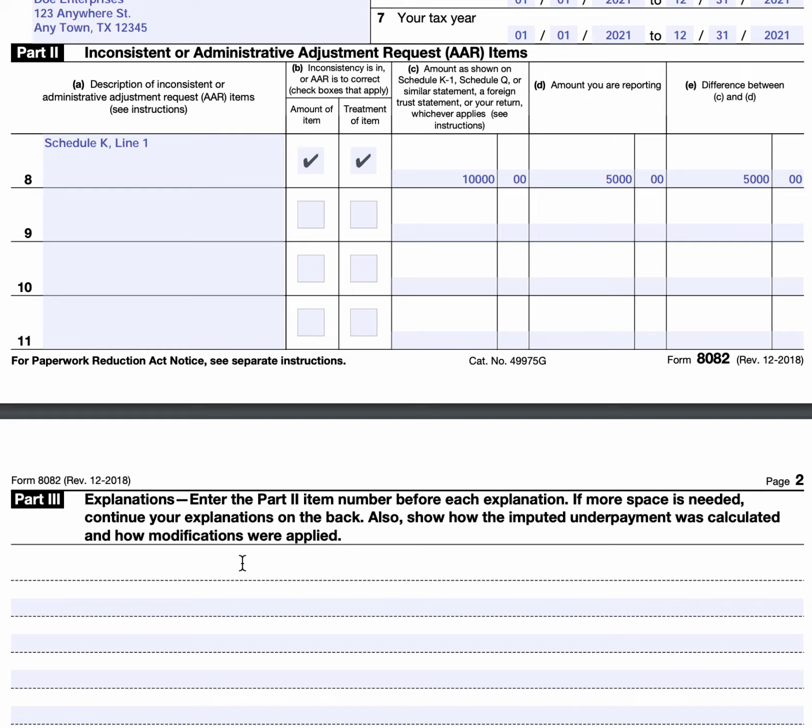you need to also plan to provide a step-by-step walkthrough in how you determined the underpayment. So specifically, the form instructions refer to what's called an imputed underpayment, and you would need to show how that calculation was, how the modifications were applied to your formula, and there are step-by-step instructions in the form instructions on calculating the imputed underpayment.